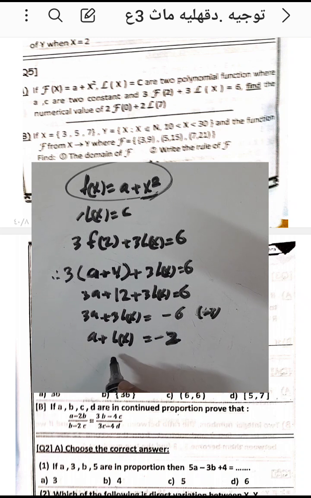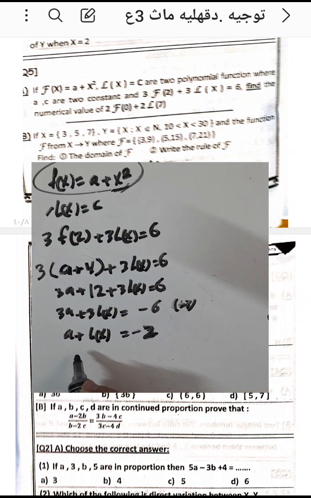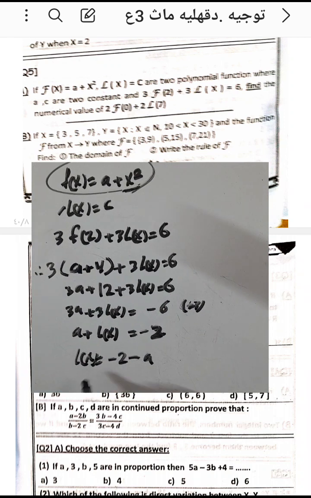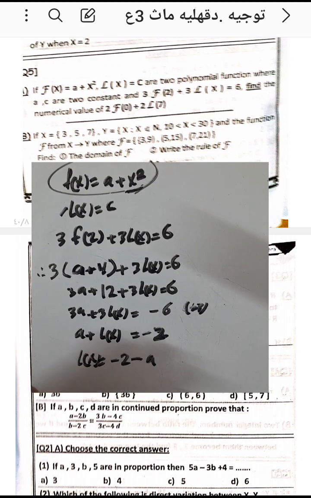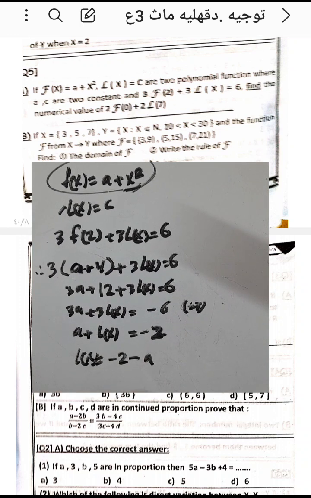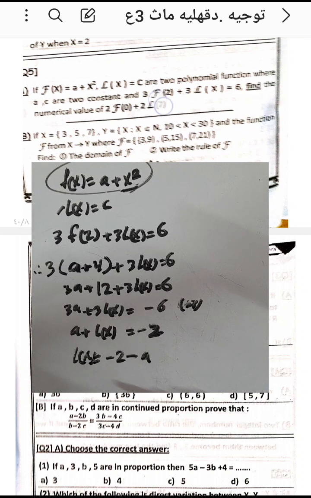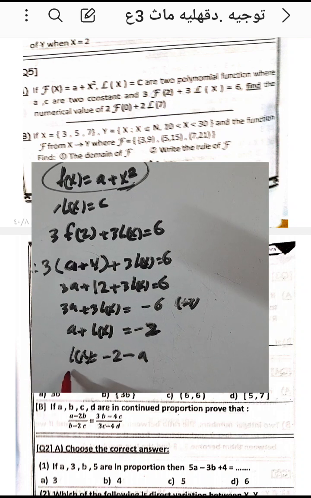And then we can find L of x here. It will be negative 2 subtract a. That is the function L of x. Okay. Then we want to find 2f of 0 plus 2L of 7. We can find L of 7 here.